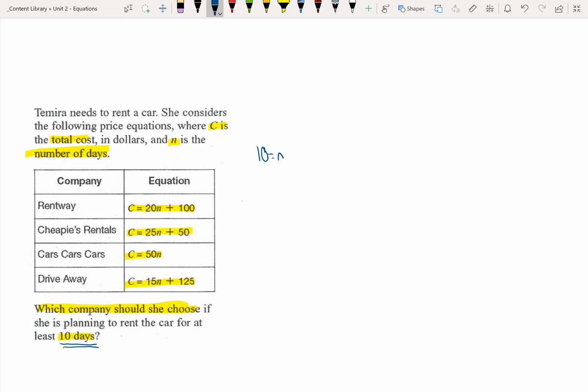So for Rentaway, C equals 20N plus 100. So C equals 20 times 10 plus 100. C equals 300. So Rentaway costs 300.